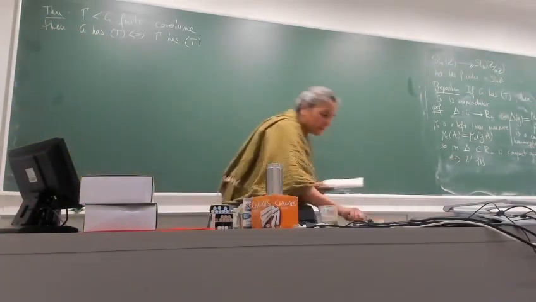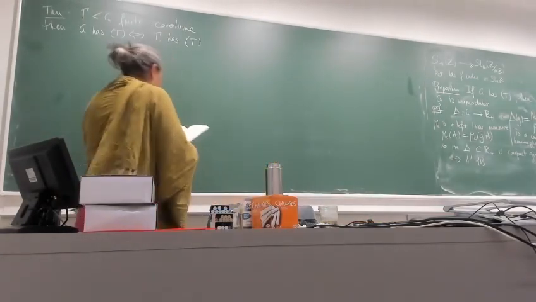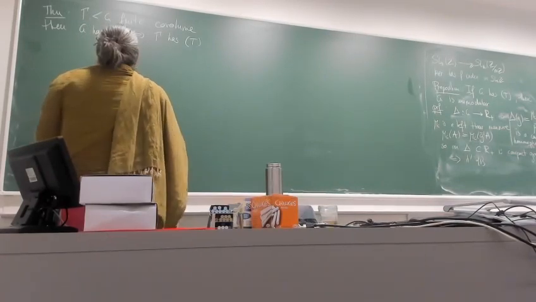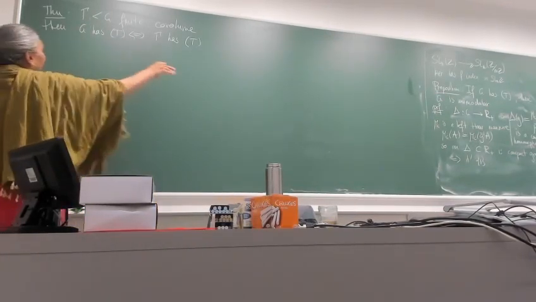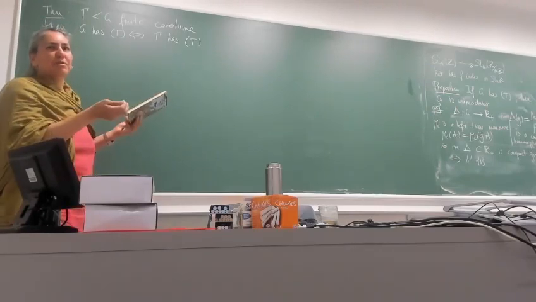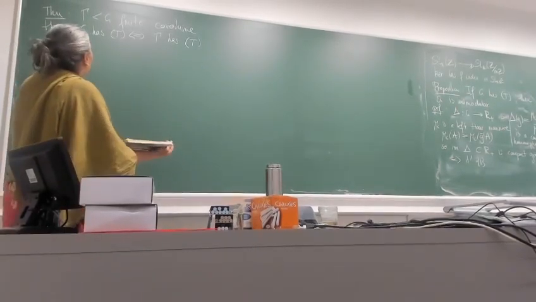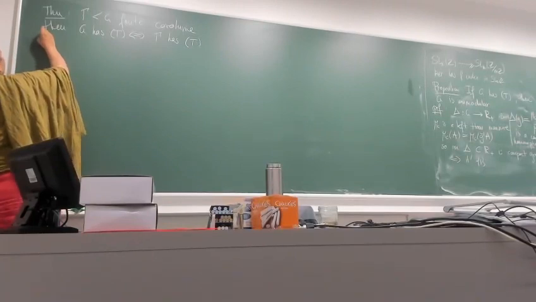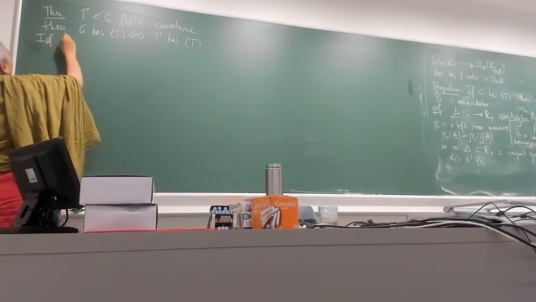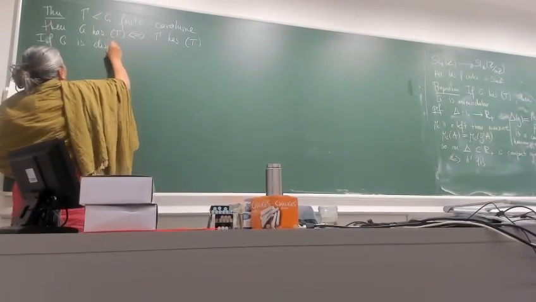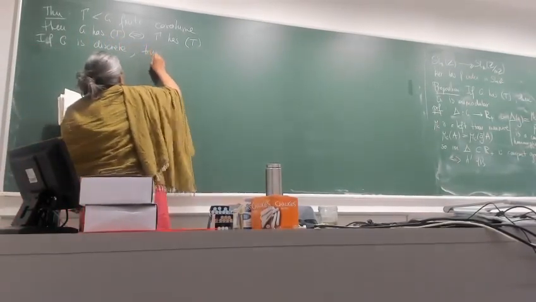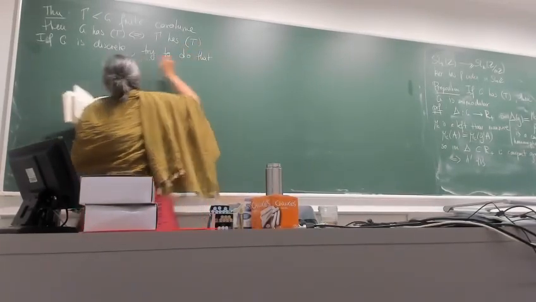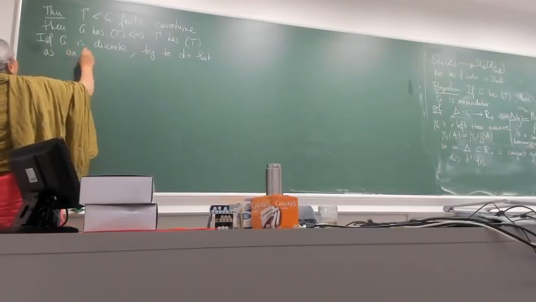What time is it? All right, I have 4 minutes. And in the case you're a locally compact group, then one direction. So in general, if G is discrete, try to do that as an exercise.